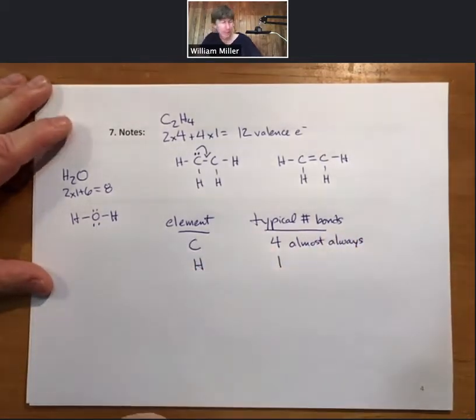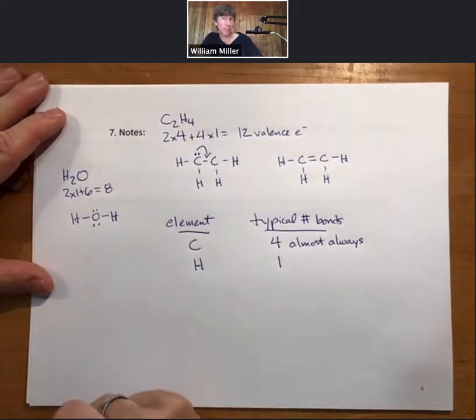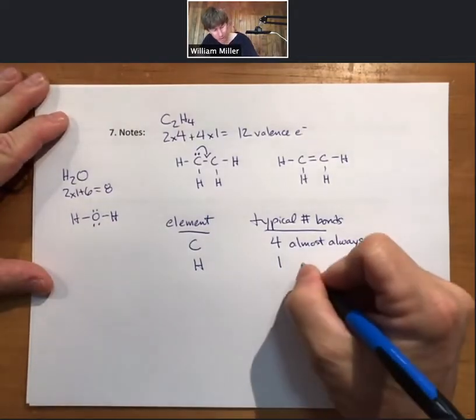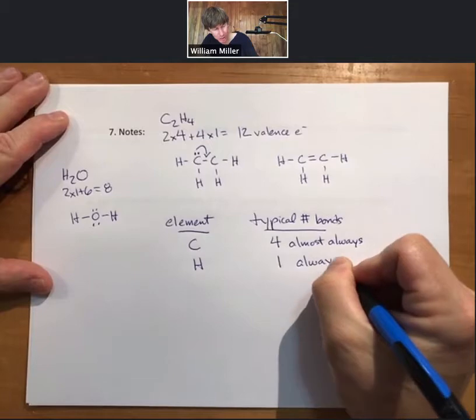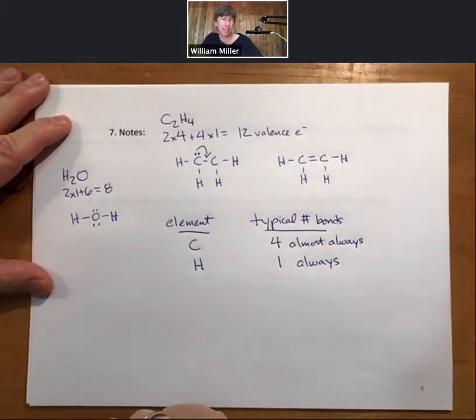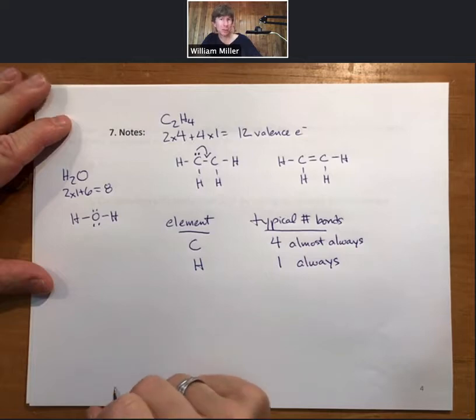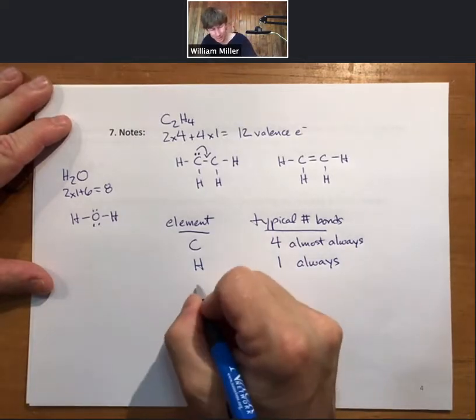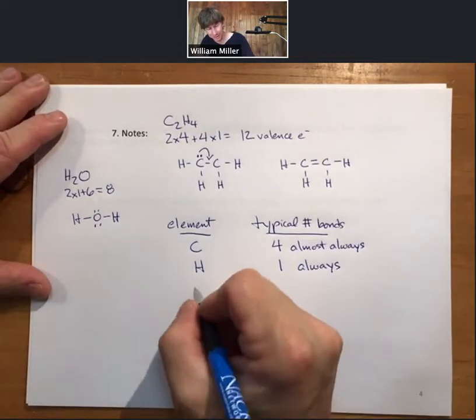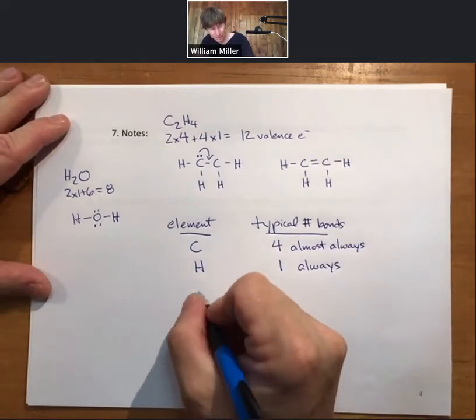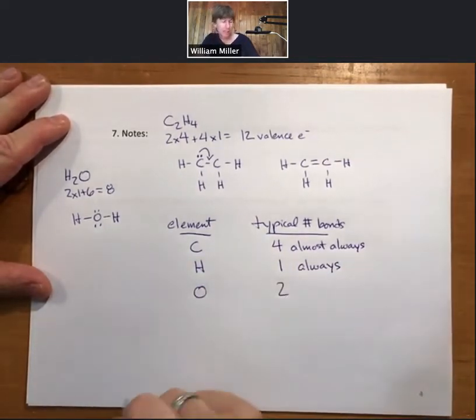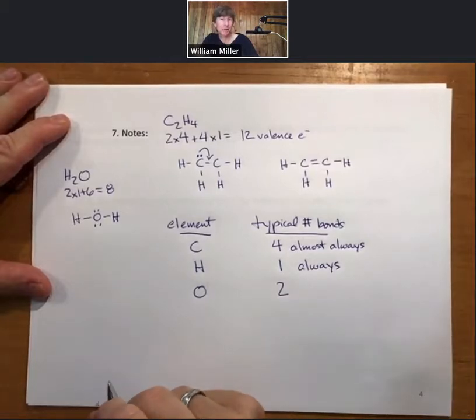Hydrogen, again, we can go beyond typical. It has 1 bond always. There's no exceptions to this that I can think of in Chem 1010. Even Chem 1020, maybe OChem, I don't know, we'll see. Or you will see, or somebody will see, not me. Oxygen, here we'll get to typically. Typically it does have 2 bonds.